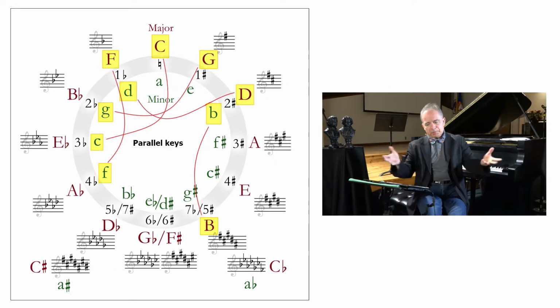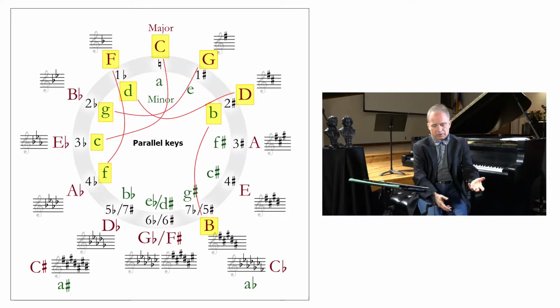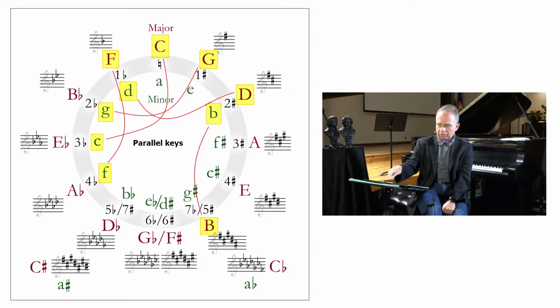For example, if I spend my time in C major and all of a sudden I go into C minor, it's going to be a very natural key change that way because both keys have the same tonic, right? But one of them is of mode major, the other one is of mode minor. And I'll exemplify this for you in a second when I go to the piano, okay?